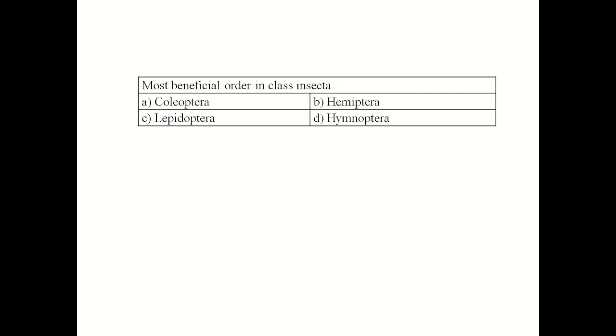Most beneficial order in class Insecta is Hymenoptera. Pupa remaining enclosed in the hardened larval cuticle is known as coarctate pupa.